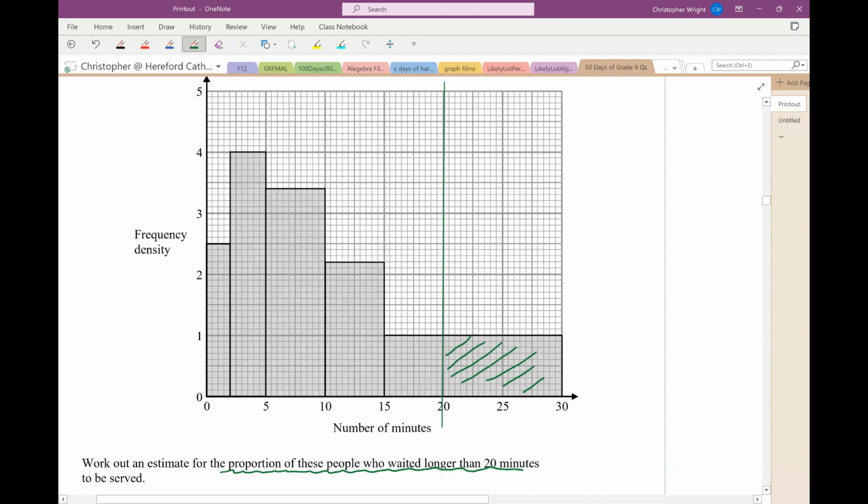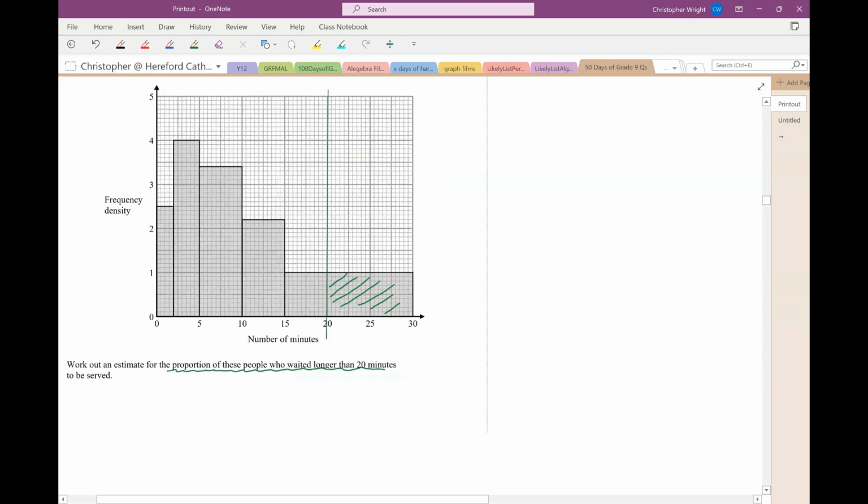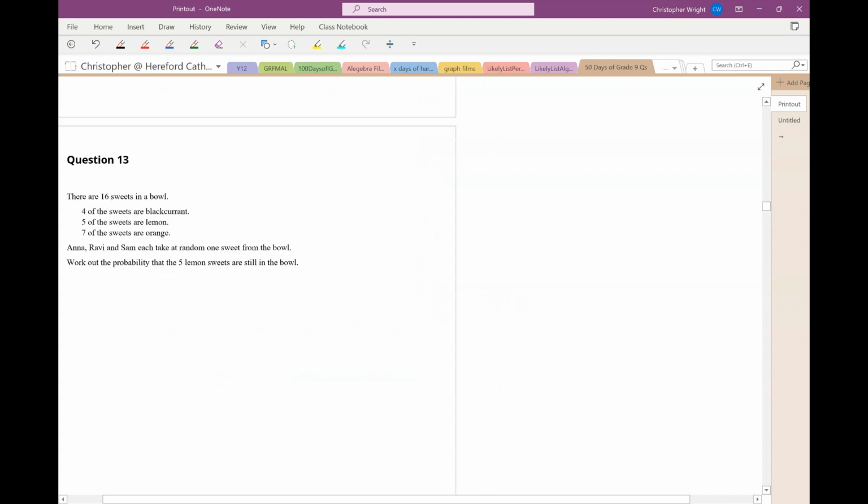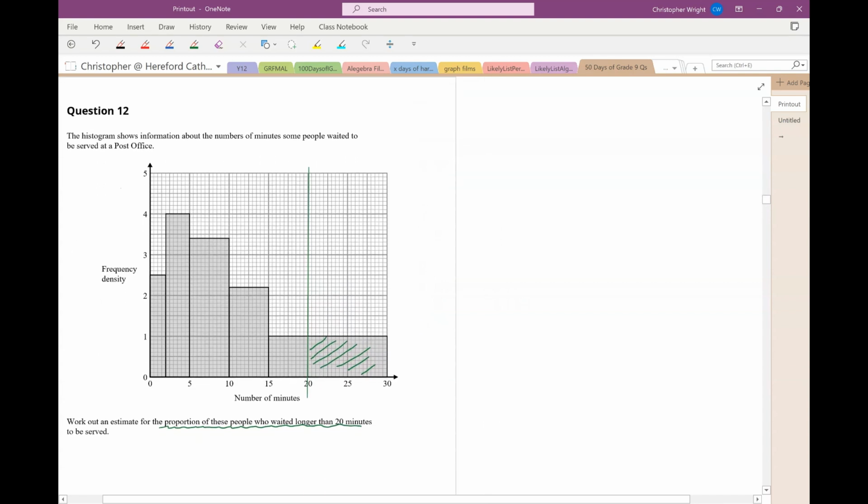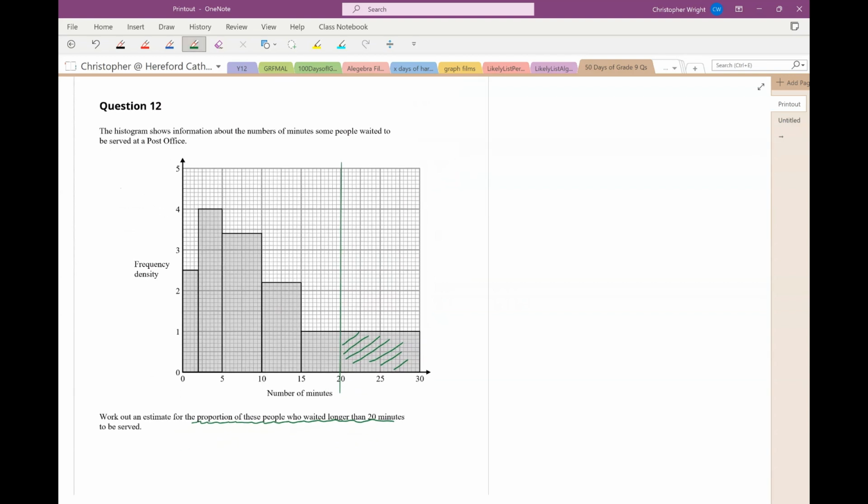So I want to know what fraction of all the people is that lot there. Well, let's work out the areas, because on a histogram the areas give you the frequency, don't they? So let's work out the areas of these bars here. This one is 10 by 1, so it has an area of 10.